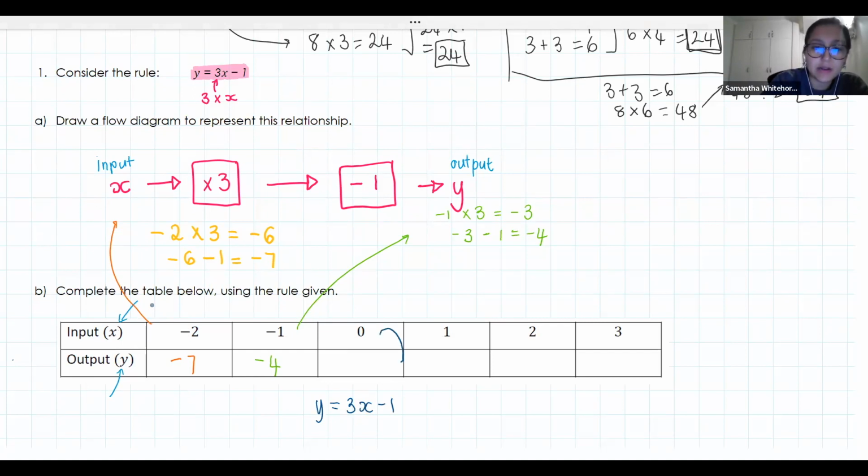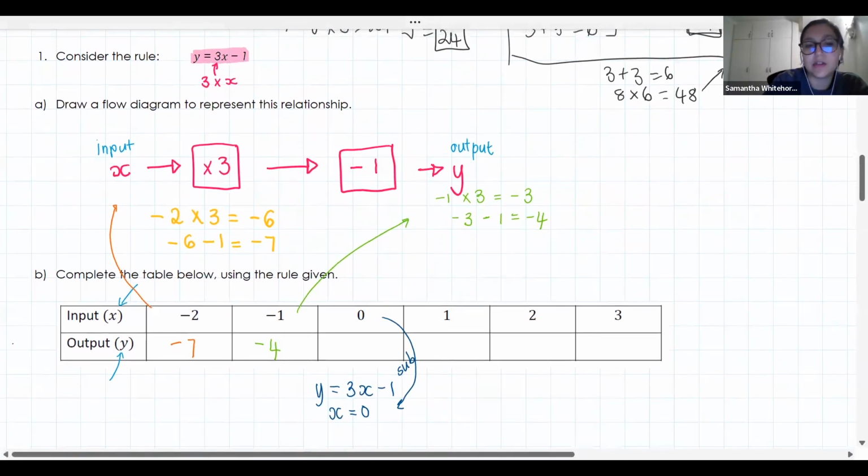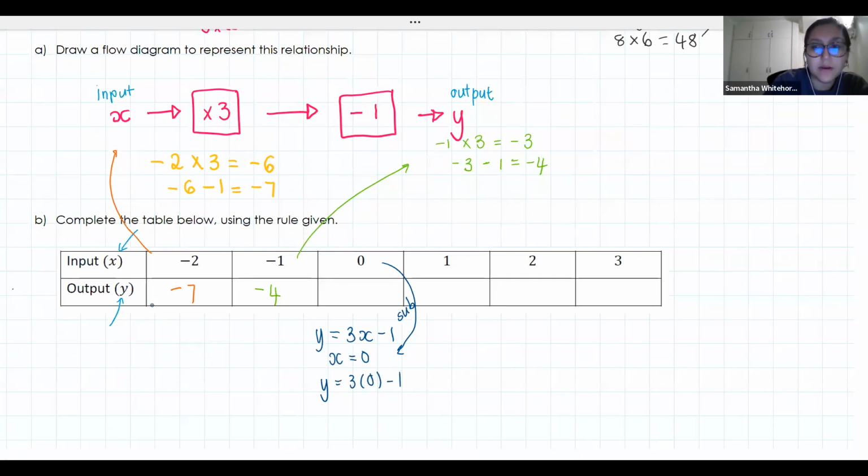If we now take our input of 0, remember what this input is telling me is that x is equal to 0. And so what I need to do here is substitute my input value into my equation. So y is equal to 3 times 0 minus 1. We know that 3 times 0 is 0. And we know that 0 minus 1 is -1. And so our output here is -1.